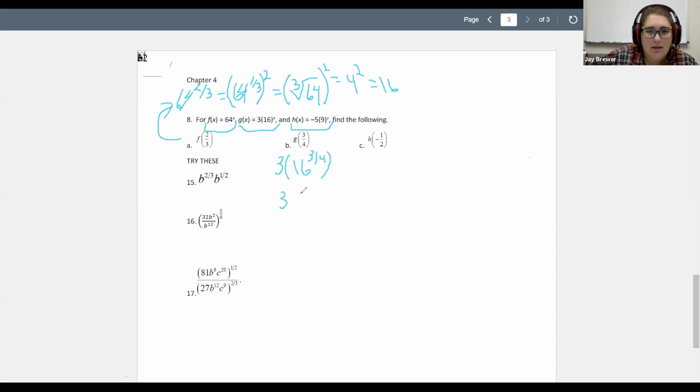So it's going to be 3 on the outside still, 4th root of 16, and that answer cubed. So we found the 4th root of 16 to be 2. So 3 times 2 cubed, 3 times 8, equals 24.